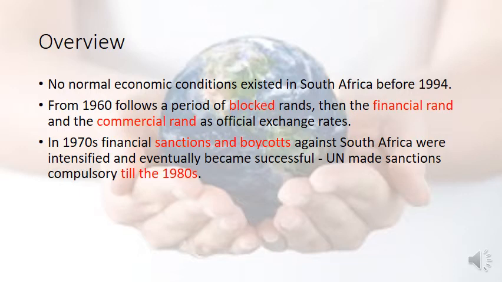So there was a dual foreign exchange system. So in the 1970s, because of apartheid, there was sanctions and boycotts against South Africa, and the UN made sanctions compulsory until the 1980s. So they forced countries not to trade with us.